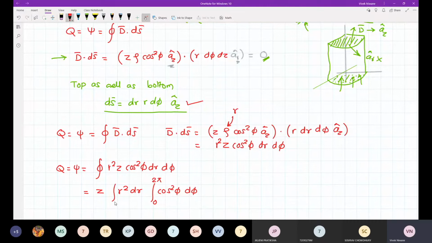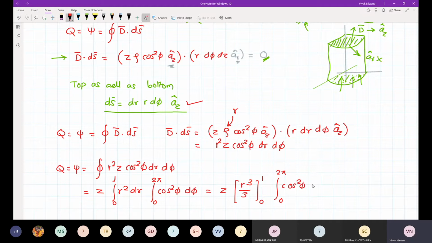The cylinder radius can be minimum 0 and goes maximum up to 1 meter. So we will have an expression like z r cube upon 3, with limits 0 to 1.